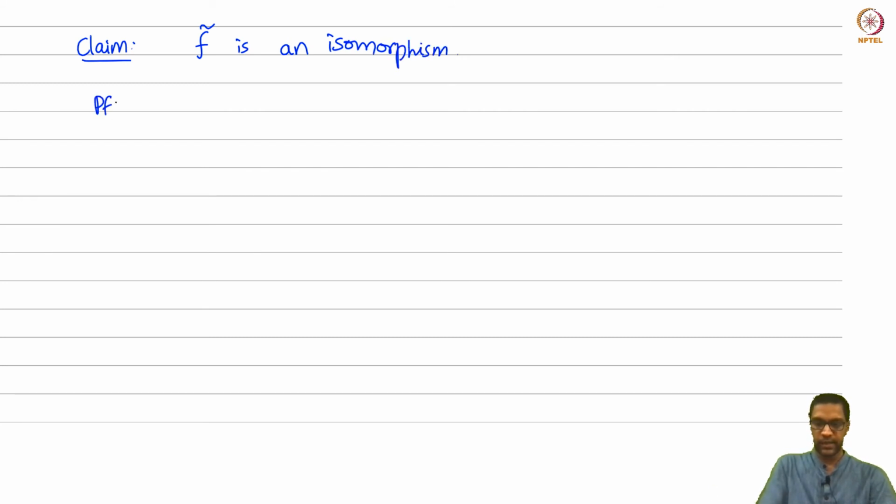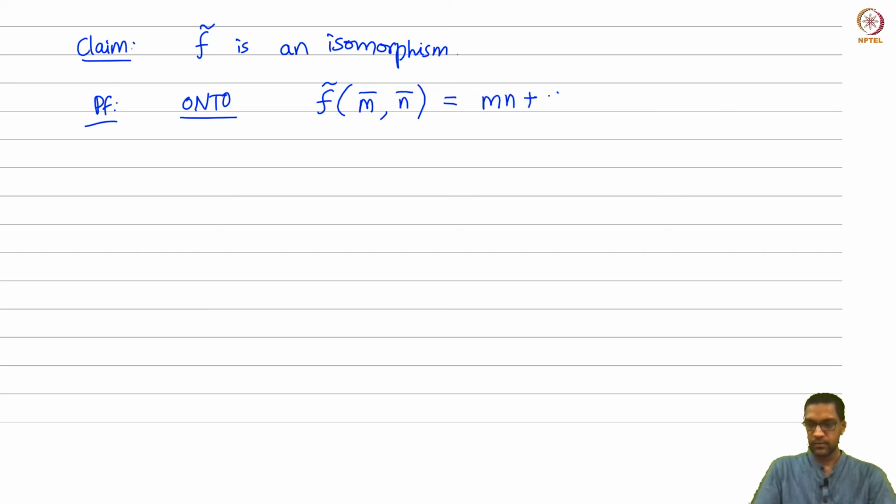Okay, let's prove this quickly. So what do we need to do? We need to check it's onto. Again, that follows from just taking m equals 1. So observe that F tilde of, this was the definition, so just put m equals 1 and choose all possible values for n. So this is F tilde of 1 bar tensor n bar, right?